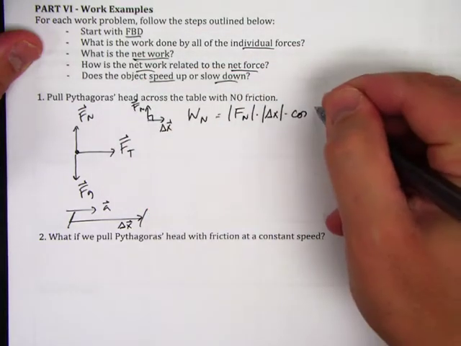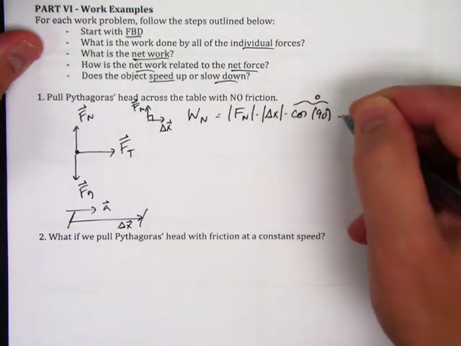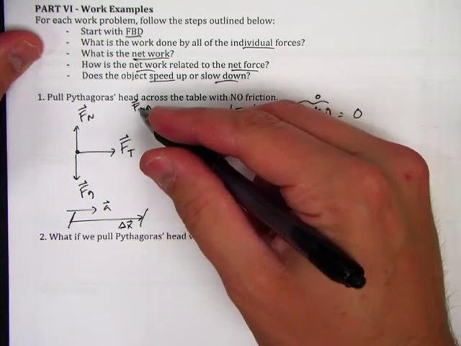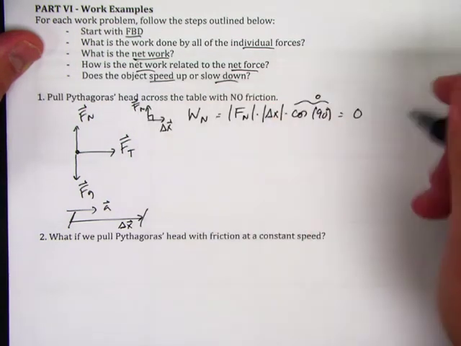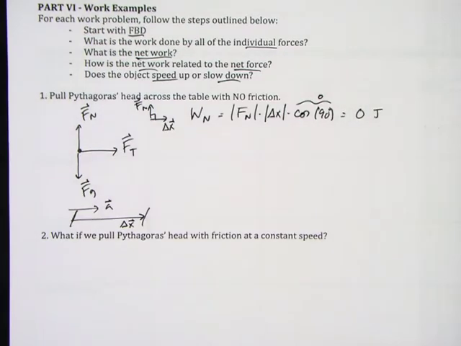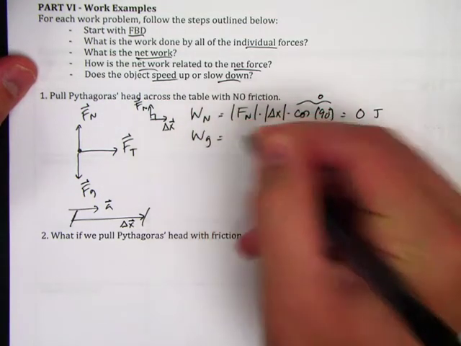So when I take the cosine of 90 degrees, I get 0. So when this force, in this case the normal force, is perpendicular to the displacement, it is doing no work. That means it's not causing that object to speed up or slow down at all based upon the direction in which it's acting.